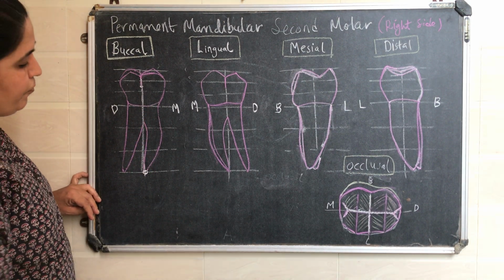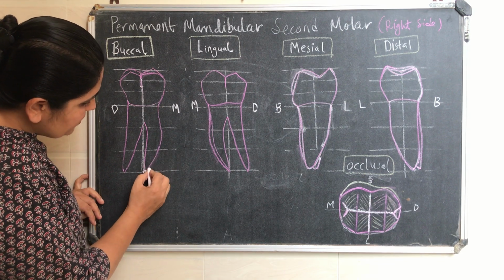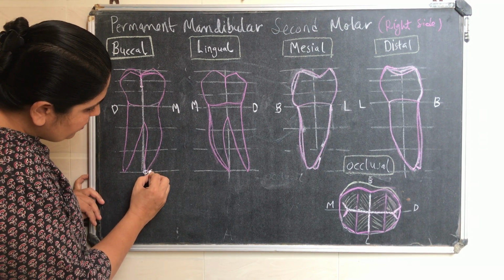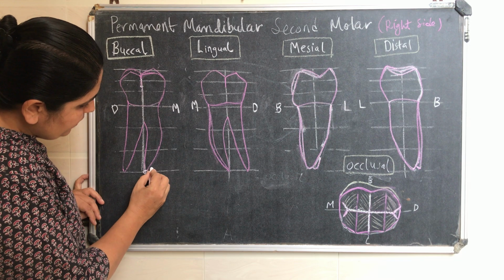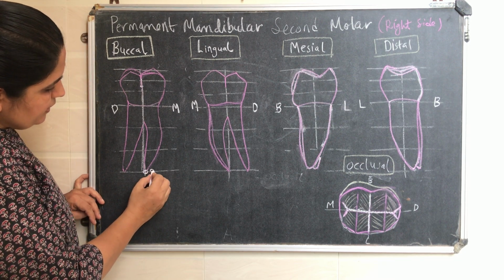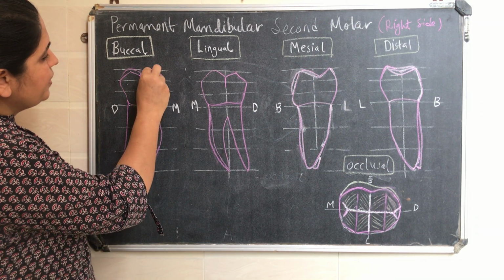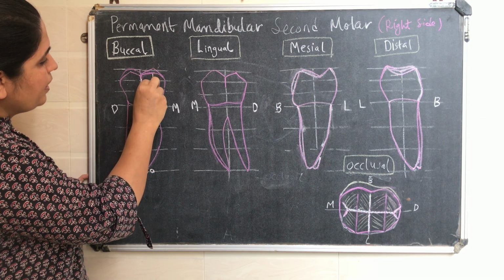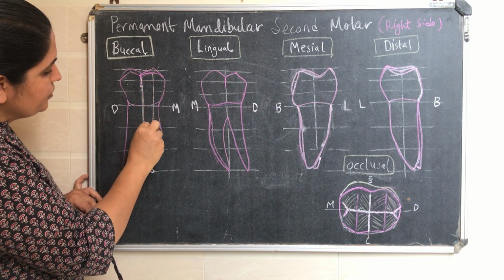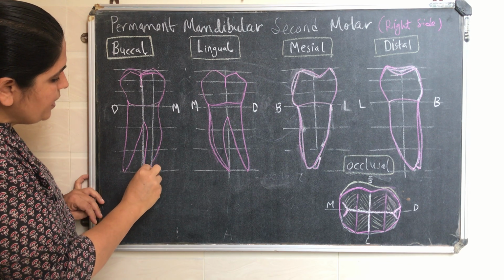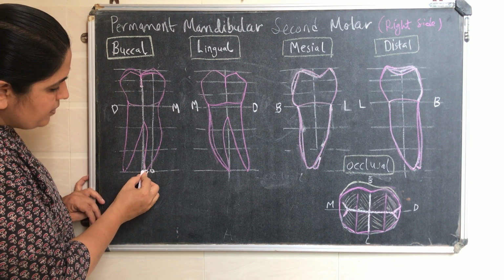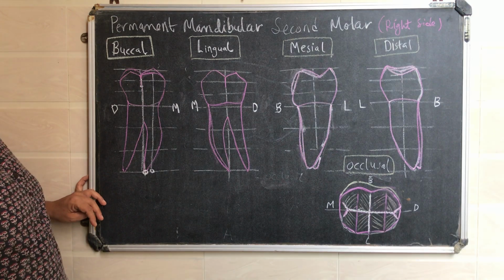Whereas in case of first molar, the apex of the mesial root will be here, that is in line with the mesiobuccal cusp. So that is the difference in location of the apex of the mesial root.